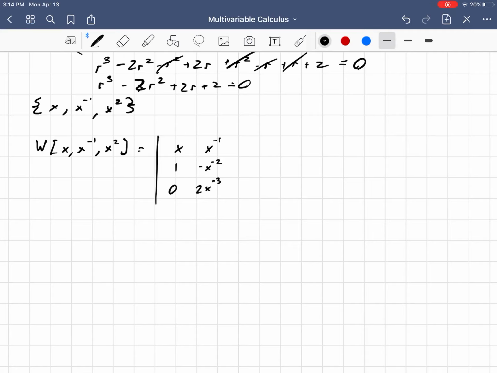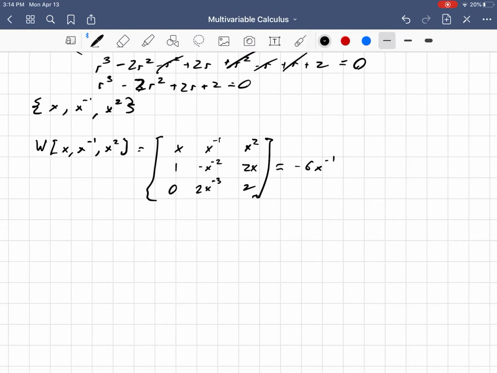That's going to be equal to the matrix: x to the negative 1, negative x to the negative 2, 2x to the negative 3, then x squared, 2x, and 2. This is where we are evaluating. I have to evaluate a determinant.